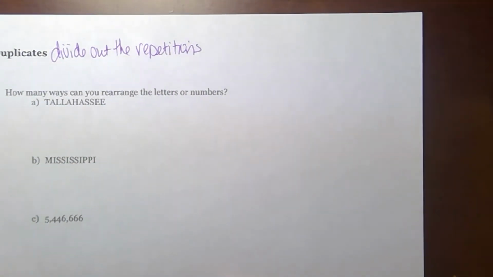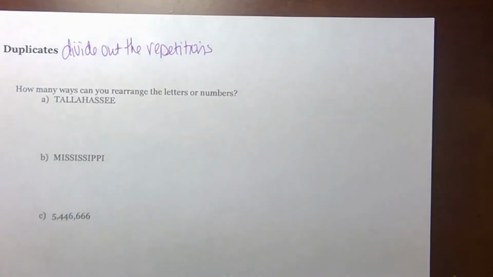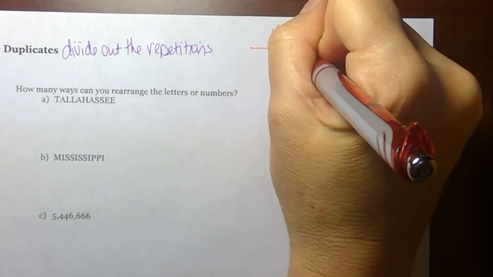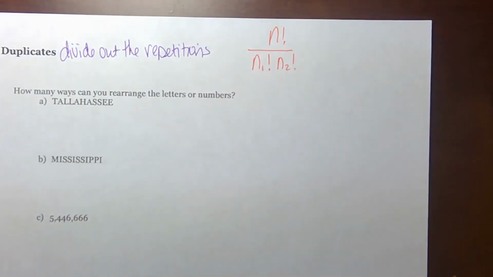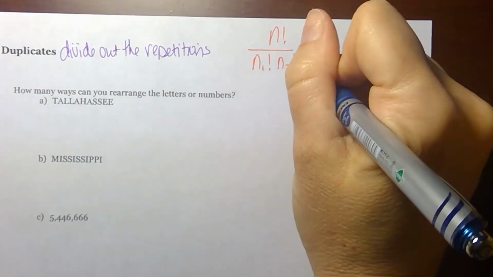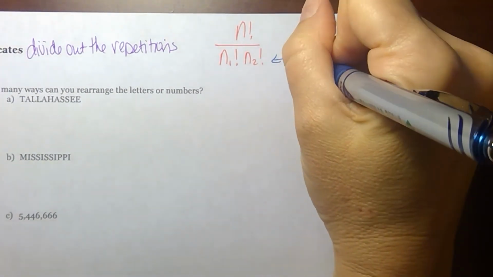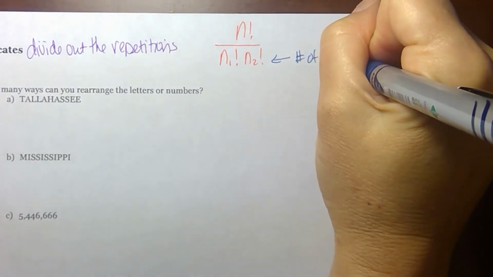What this looks like in terms of a formula would be n factorial over n sub 1 factorial times n sub 2 factorial, where these values in my denominator represent the number of repetitions.